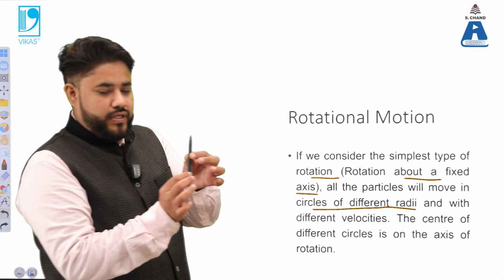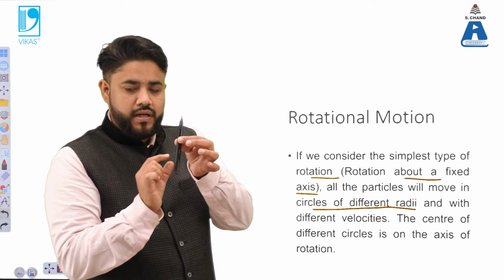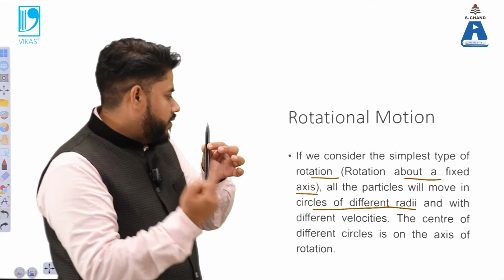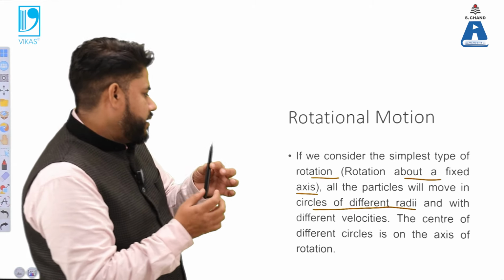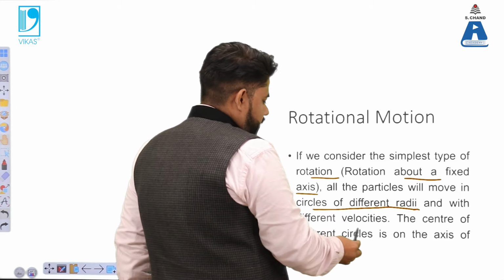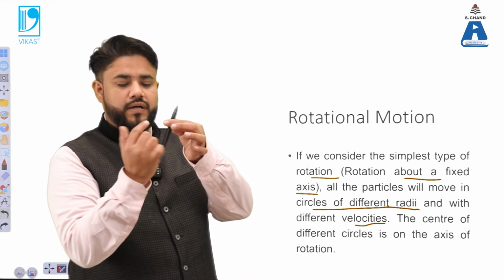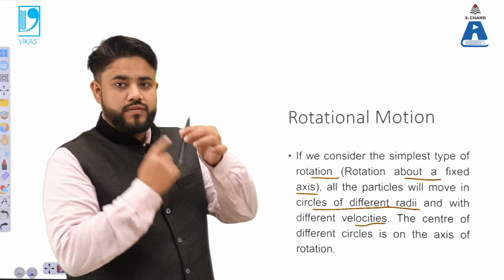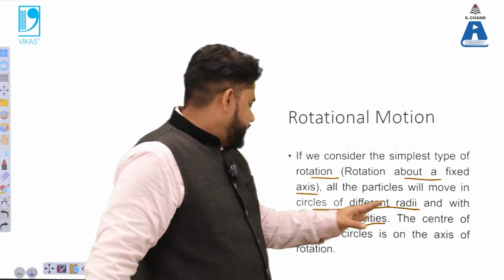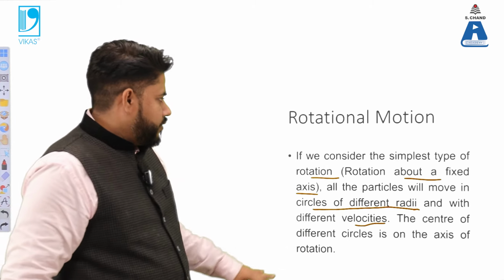If a particle is on the surface, it will be moving in a circle with a different radius and a different velocity. This particle moves with a different velocity, and this one too. So the centers of the different circles are on the axis of rotation.